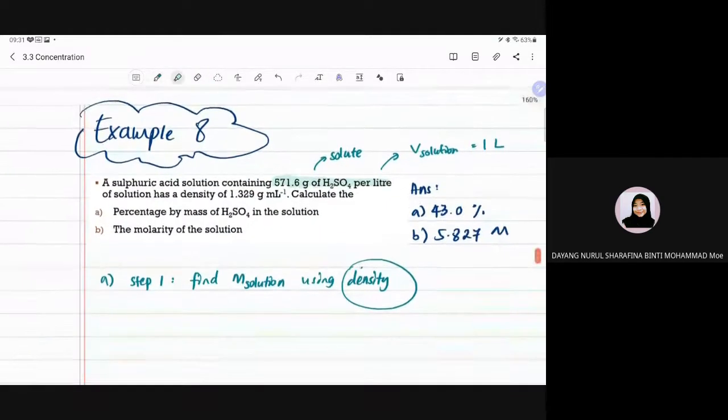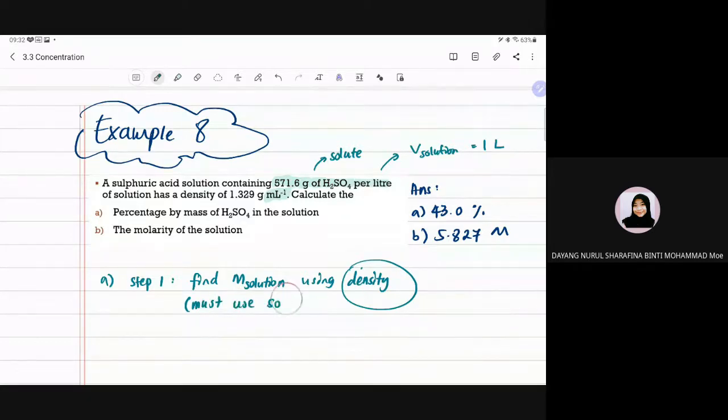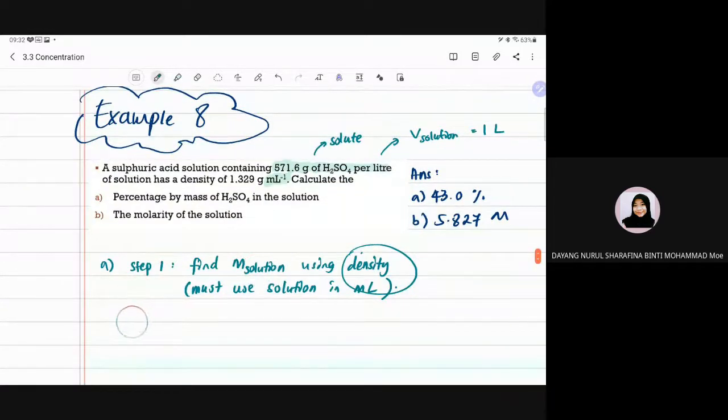Unit dia dekat sini adalah ml. Okay. Kalau kamu guna volume ni, volume ni dalam bentuk liter. Kita kena tukar dalam ml dulu. Untuk pakai density yang ni, must use solution in ml. So kena tukar dalam ml dahulu. Ini step pertama. Dah dapat mass of solution.